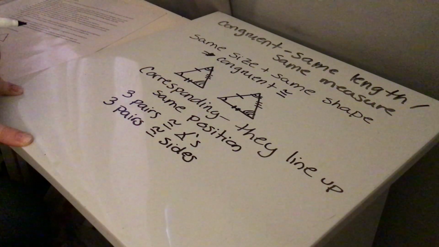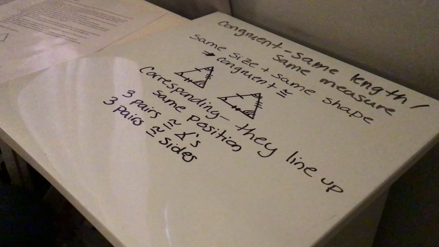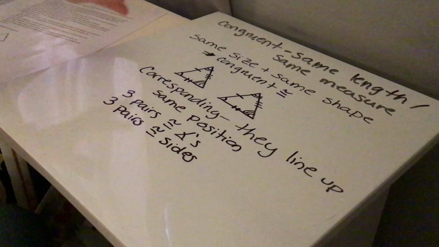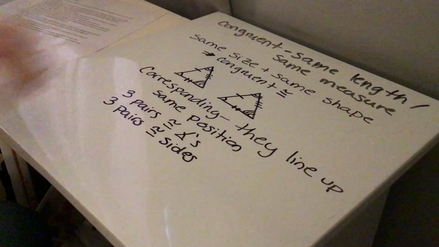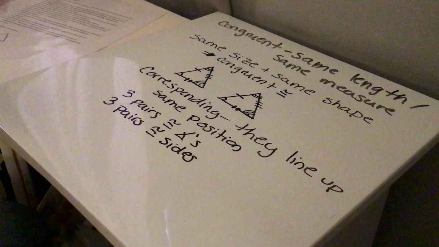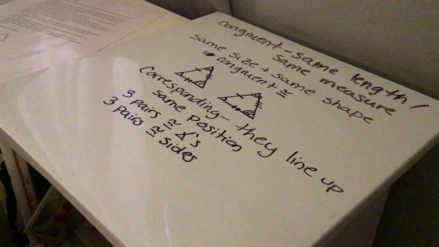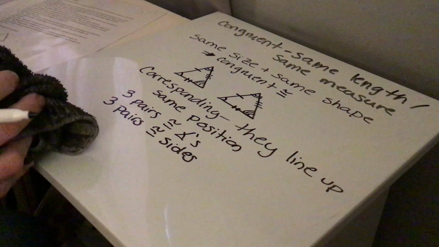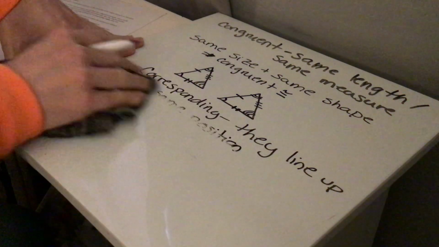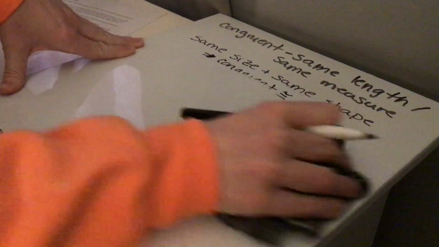Okay? So that would be by the definition, that the 3 corresponding angles are congruent and 3 corresponding sides are congruent. Sometimes we don't have to go through showing all of that to show 2 triangles are congruent, or are the same size and shape, okay? So we have ways to do that.